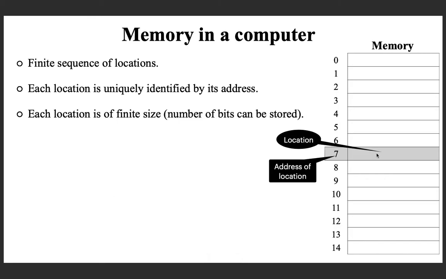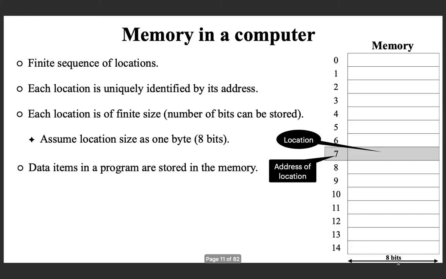And each location is of finite length or size, and the length is the number of bits which can be stored in a location. Assume the location size is 1 byte for simplicity. That is, in our discussion, we are considering the length of each location as 8 bits or 1 byte.